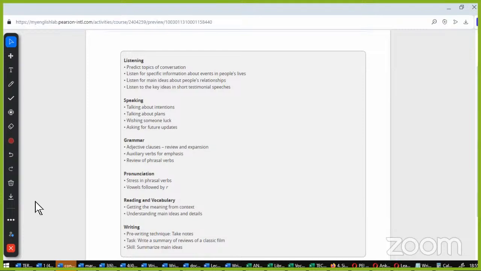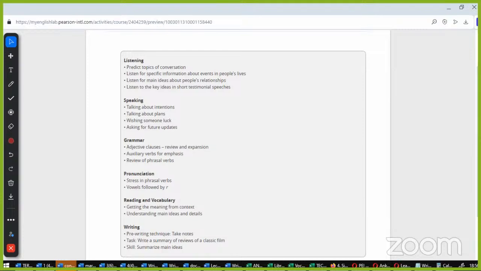Speaking: talking about intentions, talking about plans, wishing someone luck, asking for future updates. Grammar: adjective clauses, review and expansion, auxiliary verbs for emphasis, review of phrasal verbs.